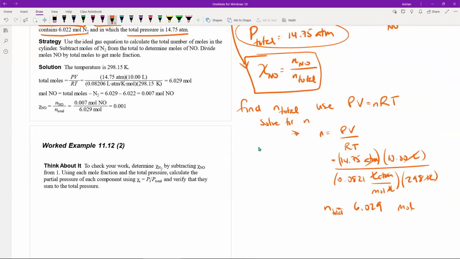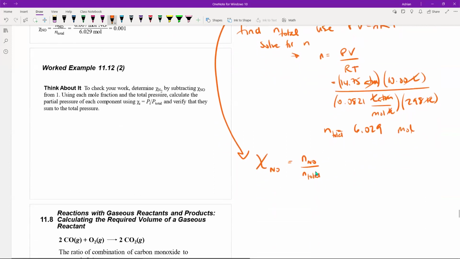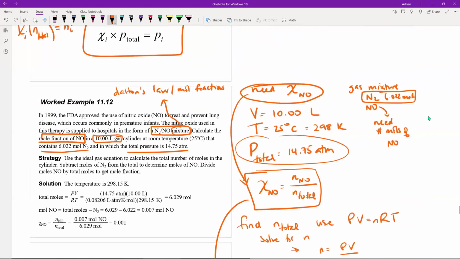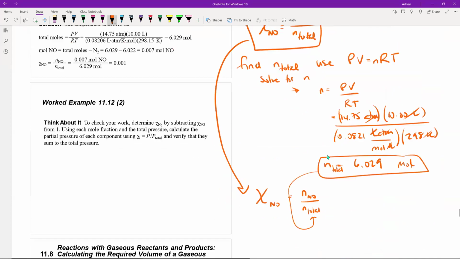Okay, to get the mole fraction, bring this back down here. The mole fraction of NO would be the moles of NO over the total moles. We just found the total number of moles, but we still need the number of moles of NO. Well, we were given the moles of the other component, the N2, up here, it was 6.022.